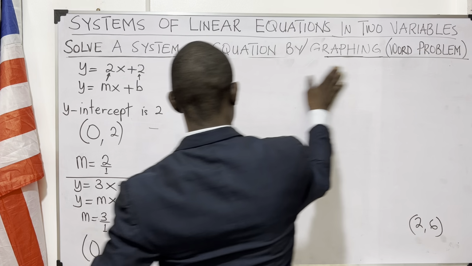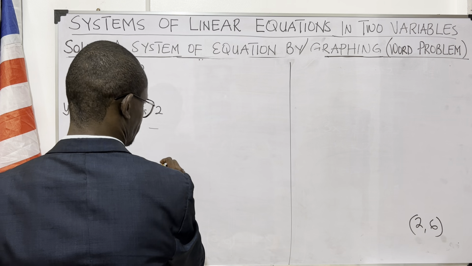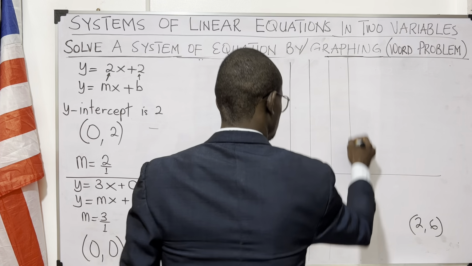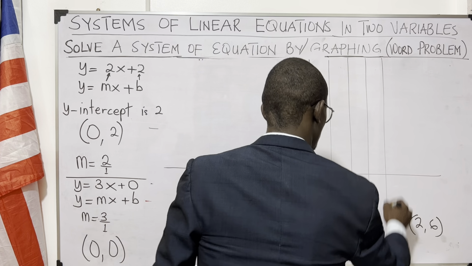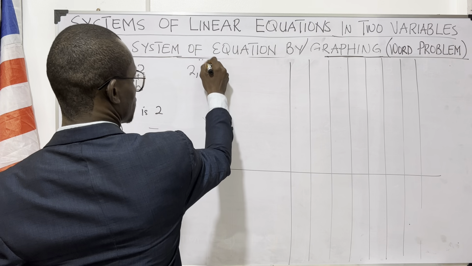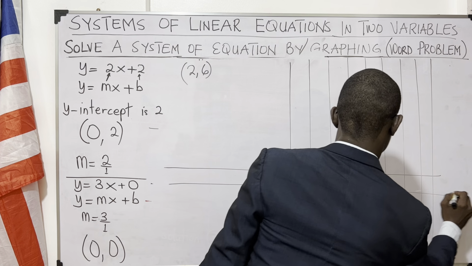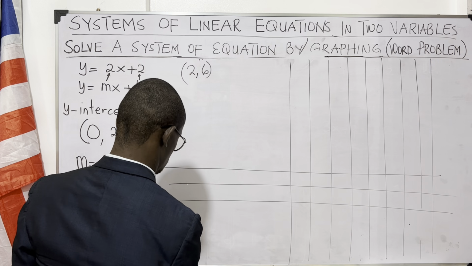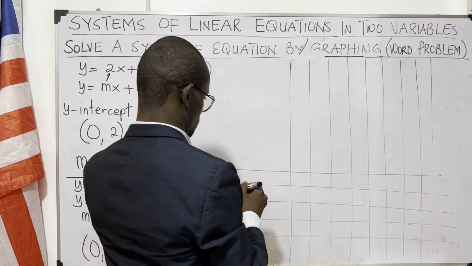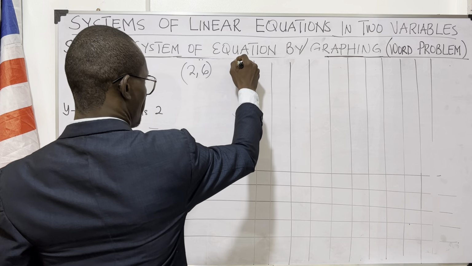So what I'm going to do is take my time to sketch this graph so that we have a picture of what we are doing. Okay, we know there's 2 and 6. Let me continue on this side.